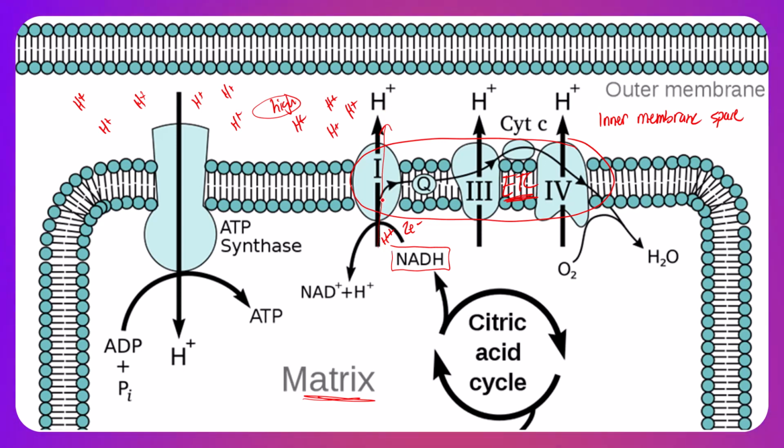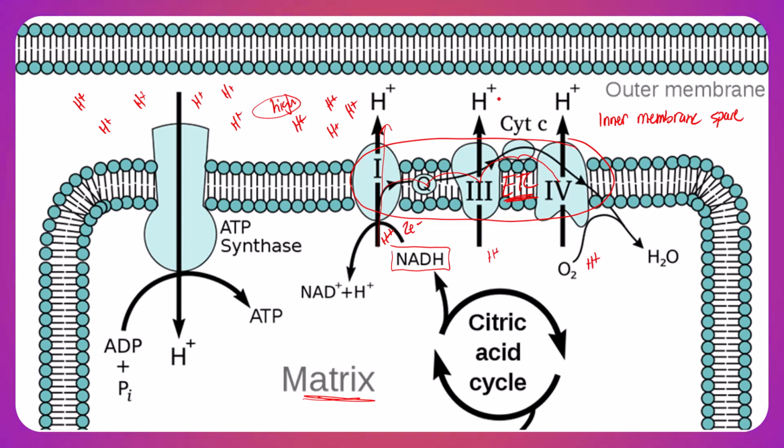The electrons are going to travel from this protein to this protein to this protein, and as they reduce the next protein by being added to the next protein, they are giving off a little bit of energy at every step, and that energy is used to pump these H+ ions from this low side back to the high side.